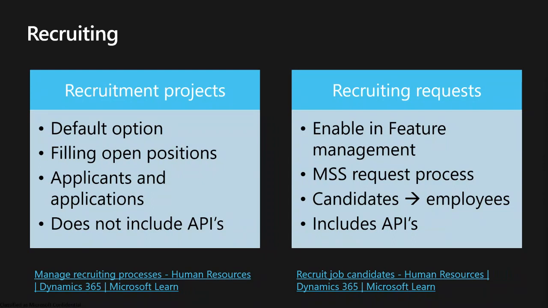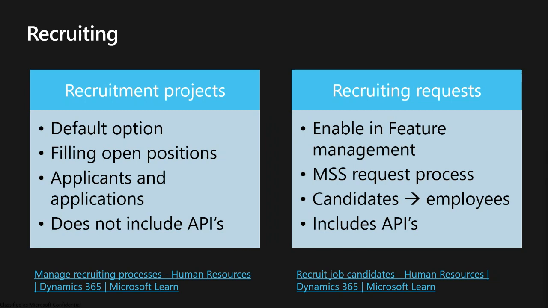When we think about the differences in functionality between the two features, the recruitment projects is really focused on filling open positions. It uses a concept of applicants and applications. And it does not include any APIs out of the box. That's not to say that you couldn't develop or extend the application to create APIs to integrate with a third-party ATS. But when we look at recruiting requests on the other side, this is more of a manager self-service request process.